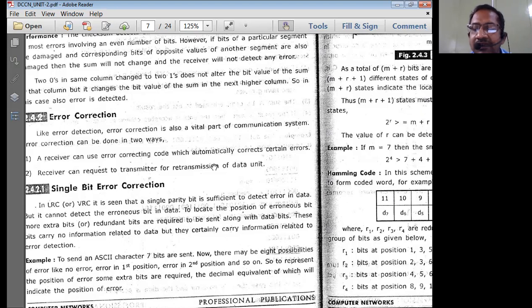Then the sender will simply retransmit the same bits to the receiver. This is how the handshaking normally takes place whenever data communication happens.